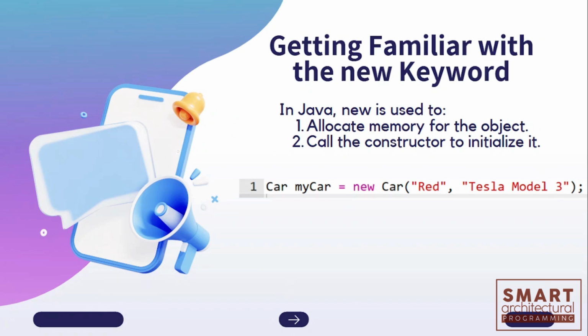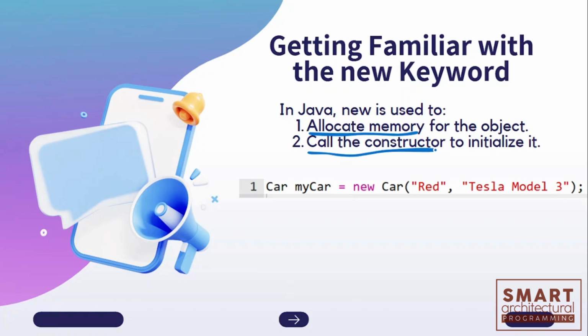So new basically does two things. It allocates memory for the object that we're creating, and that's an essential part of memory management that we'll cover later. And number two, it calls the constructor to initialize the object itself, and the constructor has some predefined values that I mentioned. They're automatically created within the new object that's being created.